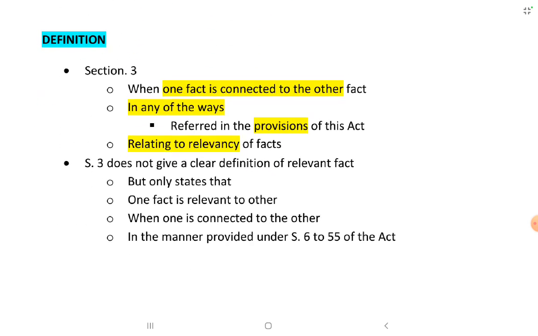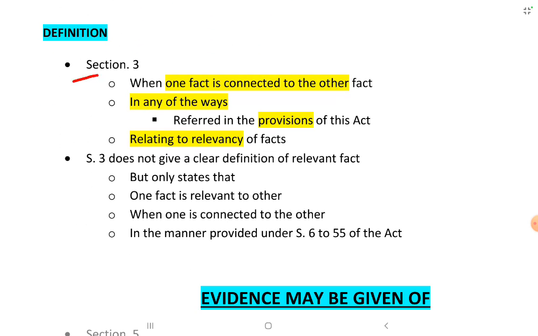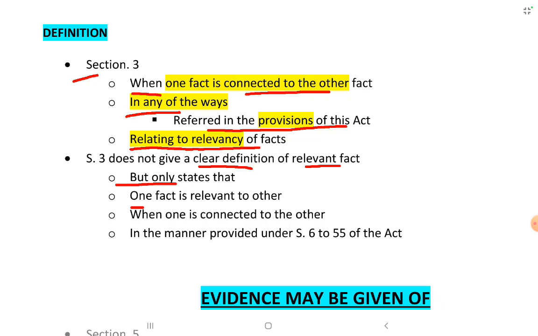The definition of relevant facts is given in Section 3. It says when one fact is connected to the other fact in any of the ways referred to in the provisions of this Act relating to the relevancy of facts. Section 3 does not give a clear definition of relevant fact, but only states that one fact is relevant to the other when one is connected to the other in the manner provided under Sections 6 to 55 of the Act.